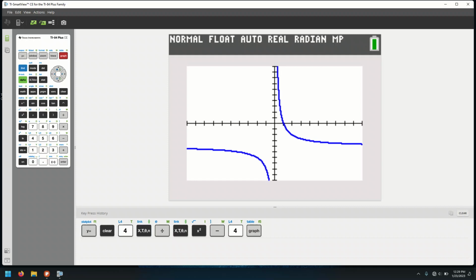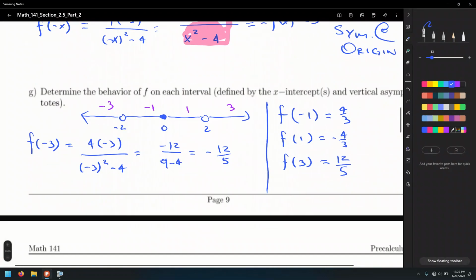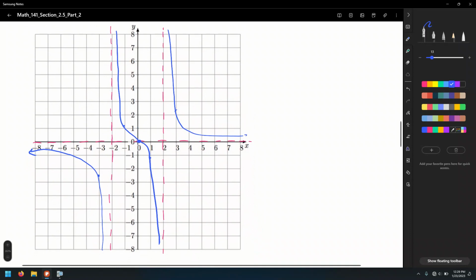So that's the graph I get when I type that function, and clearly that doesn't match the graph that we got over here. In fact, the graph on the graphing calculator emulator is missing one of the vertical asymptotes. And from the algebra that we did for this third example, there's one asymptote missing.